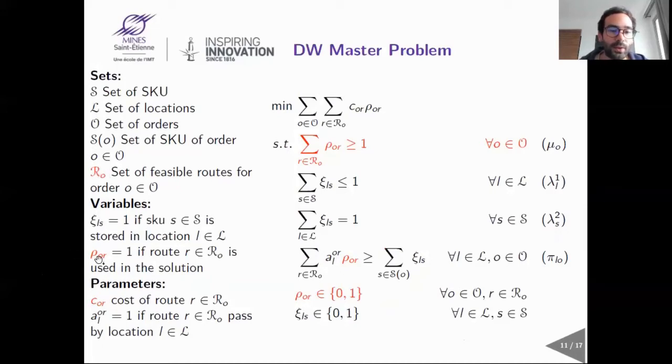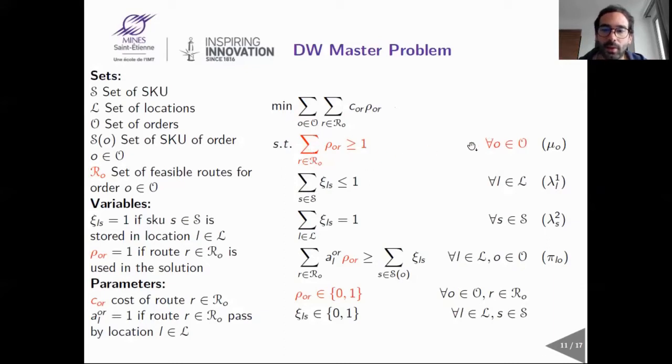So if route R is chosen, then the variable rho_OR is equal to 1, 0 otherwise, and is associated with a cost. So the objective is to minimize the sum of the cost of the chosen routes. So this time it's linear.